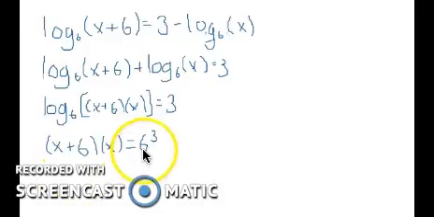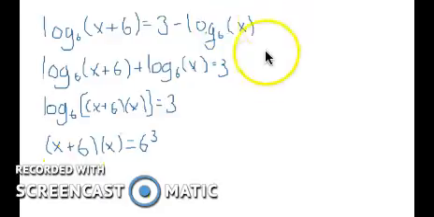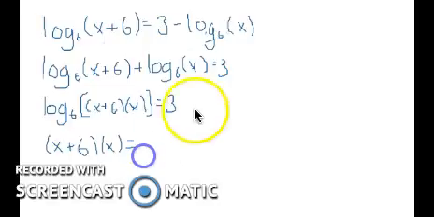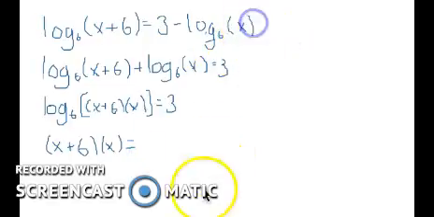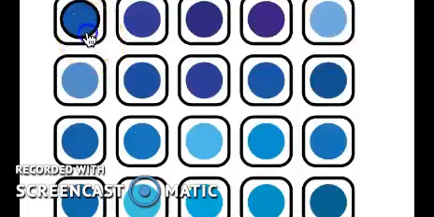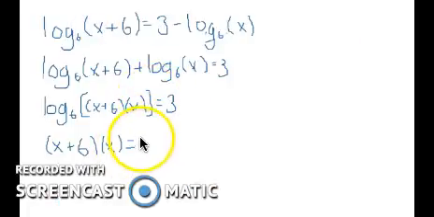So now we are just going to convert the 6 to the 3rd. So we're going to solve it, and we are left with 216.